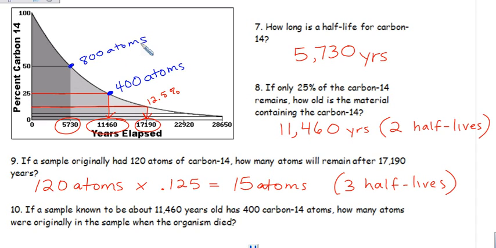Well, that 800 is after 5,730 years. That's after the first half-life. The original would be double that. The original sample must have had 1,600 atoms. I just worked backwards.